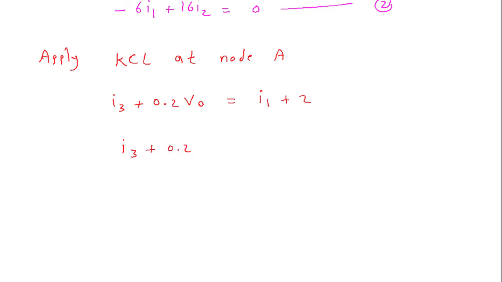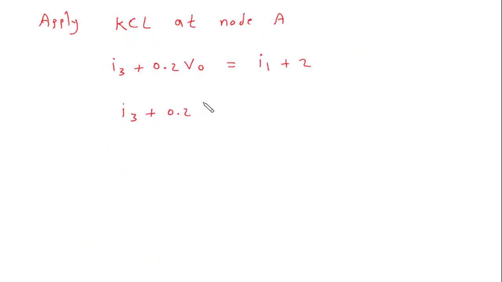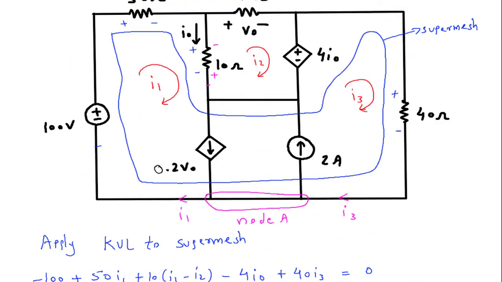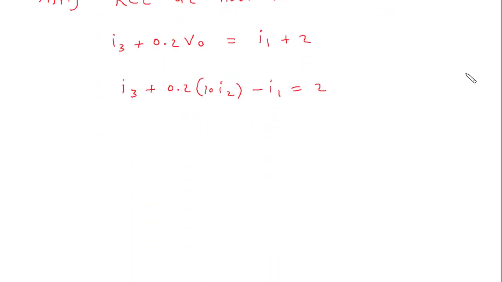Now this VO is equal to 10 into I2. So this will be minus I1 plus 2 I2 plus I3 is equal to 2.